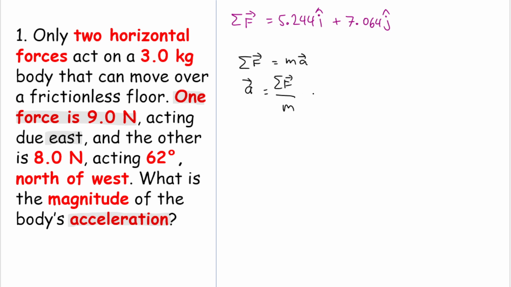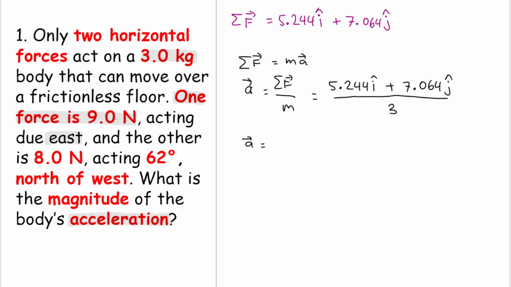Okay, let's plug that in. We will have 5.244 on the i direction, and then we will have 7.064 here on the j direction, divided by 3, right? Because the mass here is 3 kilogram.